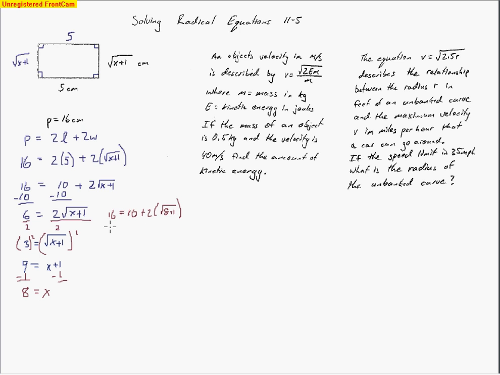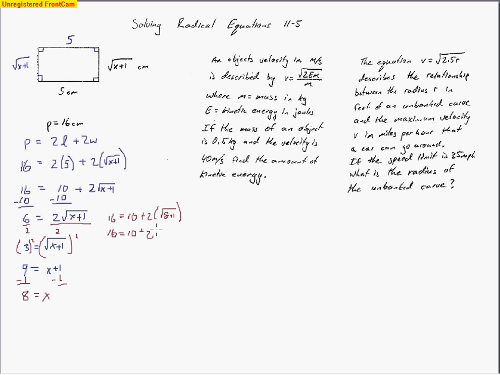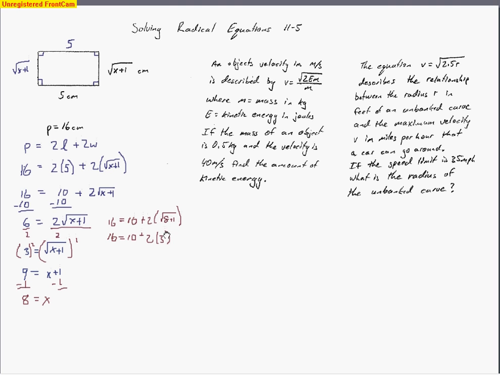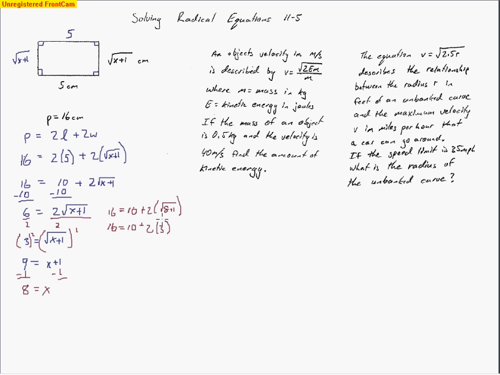When I do that work, I get 16 equals 10 plus 2 times 3, because 8 plus 1 is 9, and the square root of 9 is 3. Then 10 plus 6, because 2 times 3 is 6, and those two numbers do equal 16. So it does check out. I know this is correct, and the units would be in centimeters. So 8 centimeters is our answer.